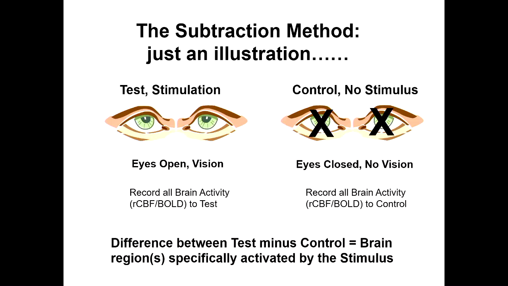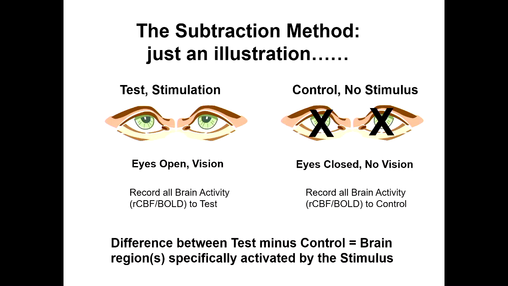Then in the next scan, the subject would close their eyes, so they wouldn't be using their visual system at all. And then another brain scan would be taken, looking at all brain activity, with the eyes closed and the visual system not working. And then the brain scan taken in the control situation would be subtracted from the test, and that would, by subtraction, leave the particular regions of the brain, or cerebral cortex, that were specifically activated by the stimulus, in this case by the visual stimulus.